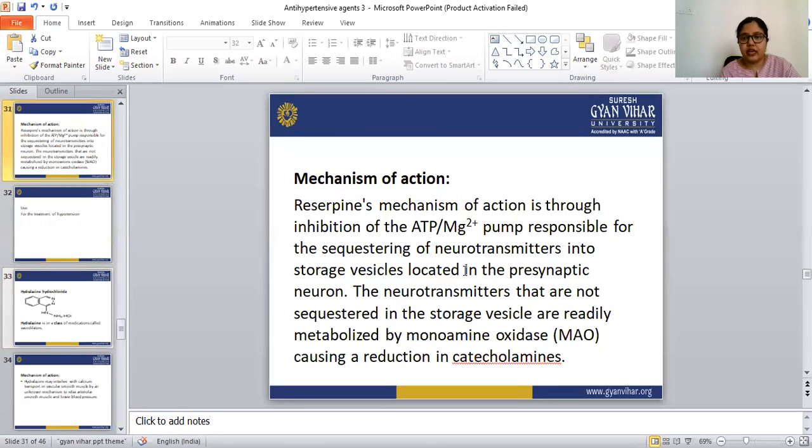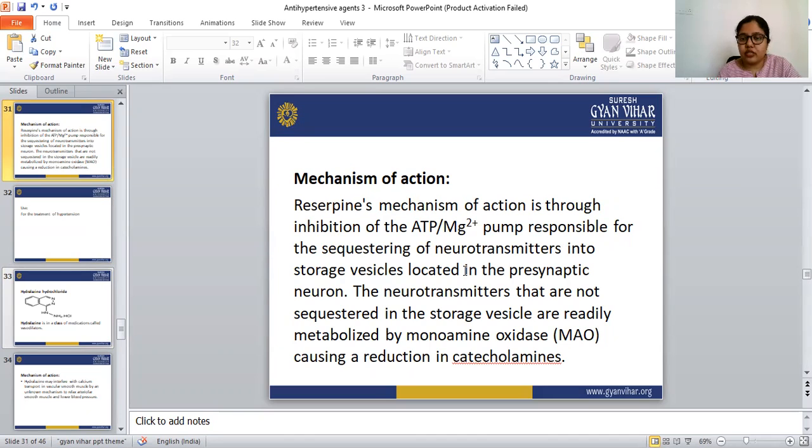Its mechanism of action is through inhibition of the ATP Mg2+ pump, which is responsible for sequestering neurotransmitters into storage vesicles located in the presynaptic neurons.